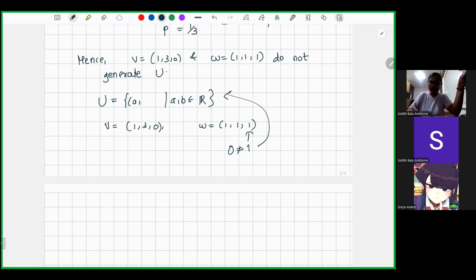It is (A, B, 0). So the coefficient of W is always 0 in the linear combination, and then the only element left is V.